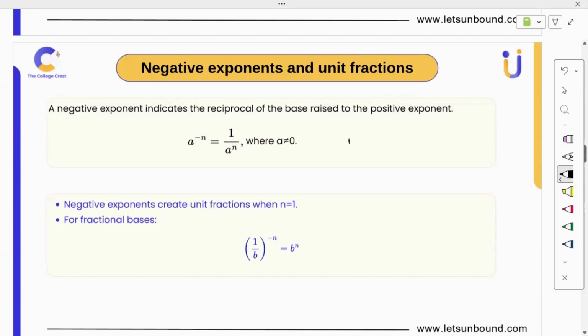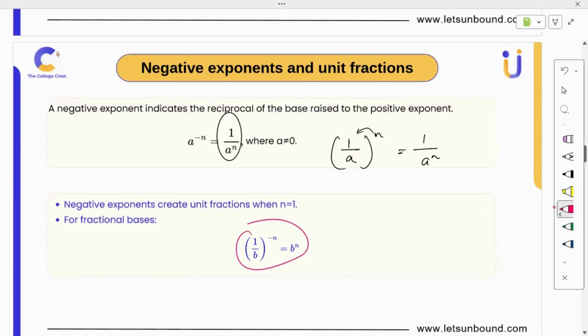A power negative n, you change to 1 by a power n, and minus n will go positive n. And this is the simplest form because 1 power anything is 1, and a power n is a power n. Here a cannot be 0 because we are reciprocating, right? And in case you get something like 1 by b whole power negative n, again the same process. You want a positive exponent, so reciprocate the base. 1 by b will become b and minus n will become positive n.